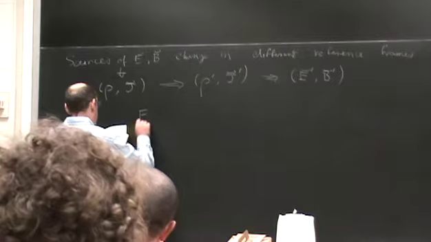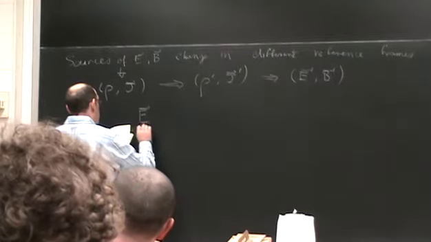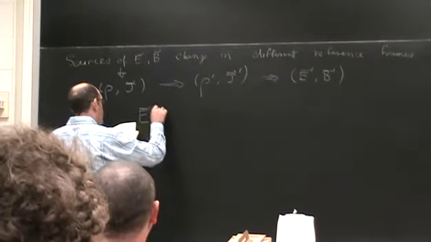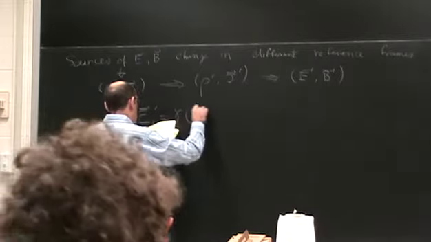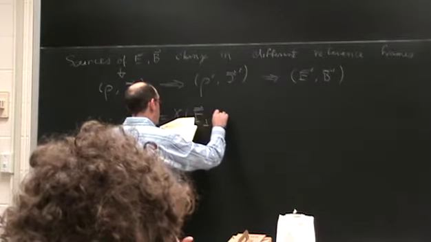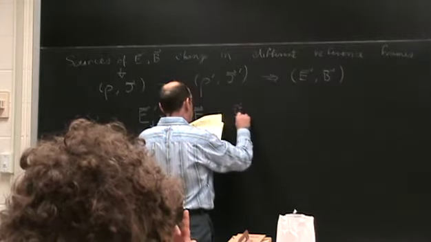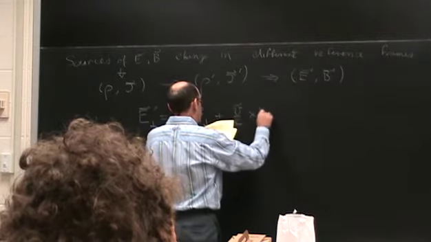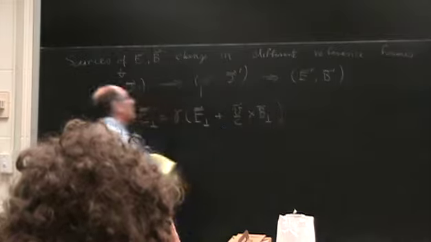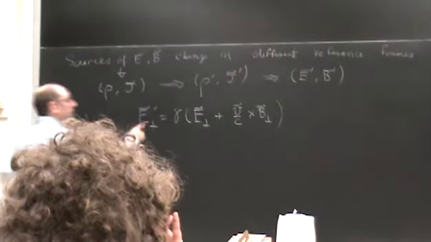So the signs that I always forget. But anyway, what we found was that the component of the electric field that is perpendicular to the direction of the boost transforms as such.